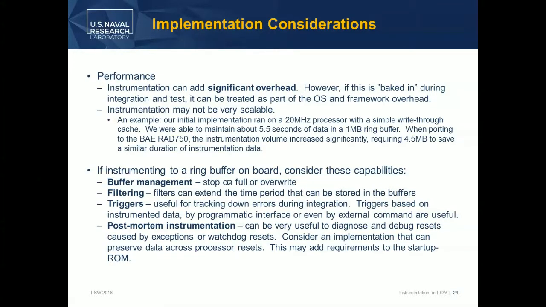You can turn off the stuff you don't think you're interested in. Triggers are very useful for tracking down errors: when you hit a certain situation that doesn't result in some other larger action, you can turn the instrumentation off to preserve your data, or a trigger can start the instrumentation. And again, the post-mortem availability of the data is important for diagnosing those critical resets.